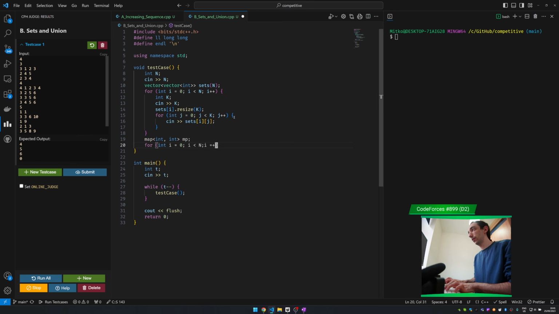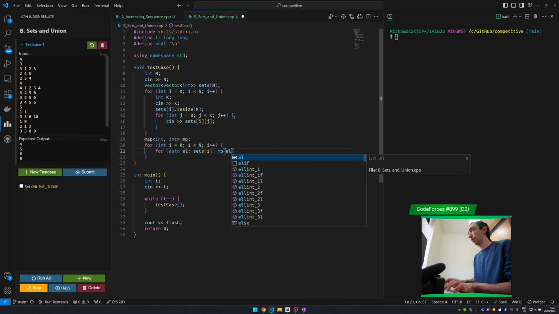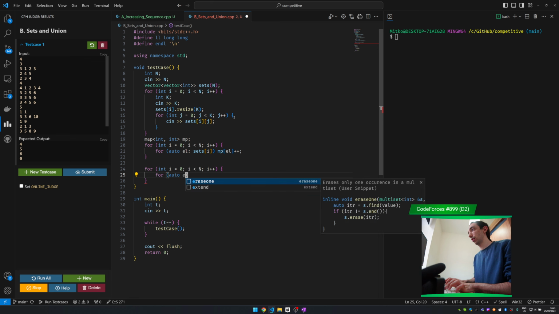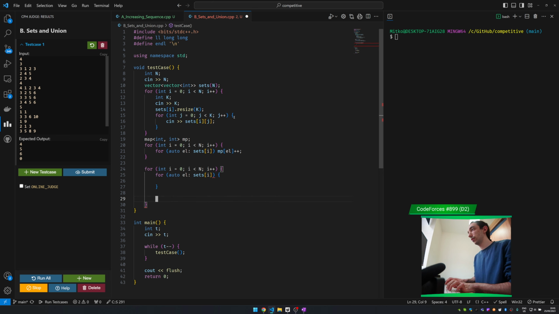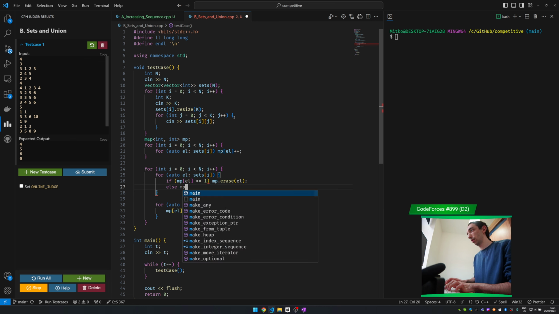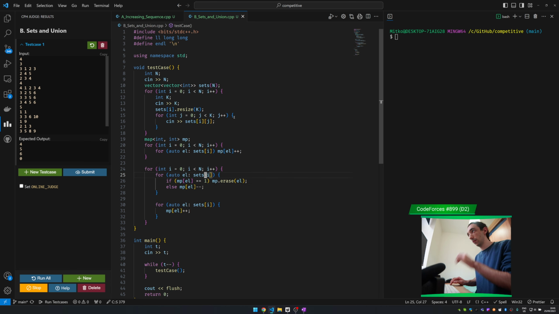I will add first all of these elements to the map, element plus, then I will remove them and then add them again, minus.